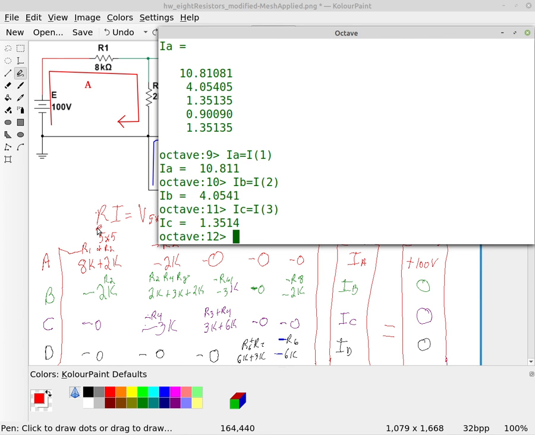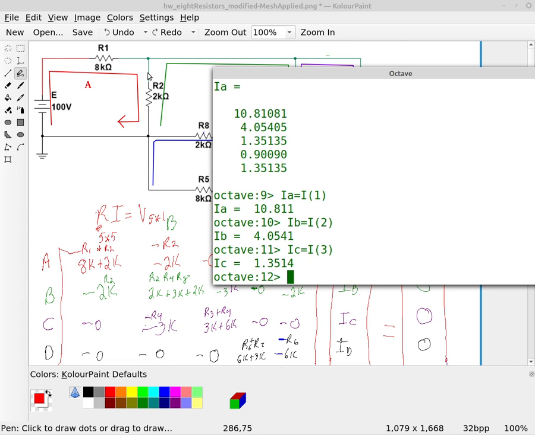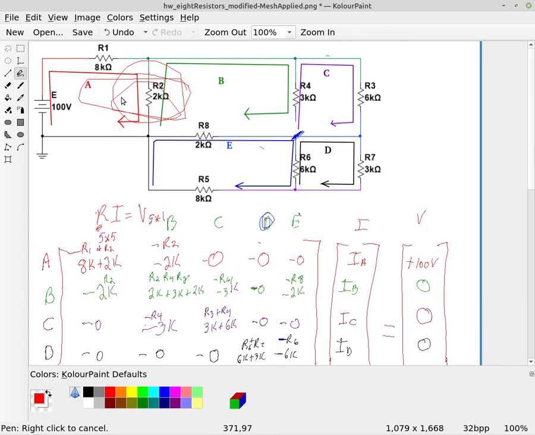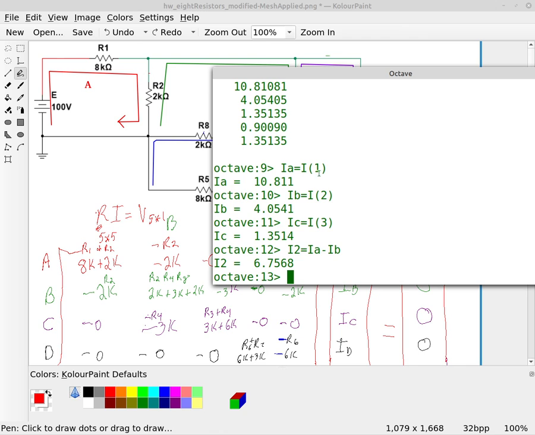Now, if we come back and look at our circuit, the current through the resistor R2, right here, the current moving through R2 is IA minus IB. It's the difference of those. So I could then say that I2 is equal to IA minus IB, which is 6.7568 milliamps.